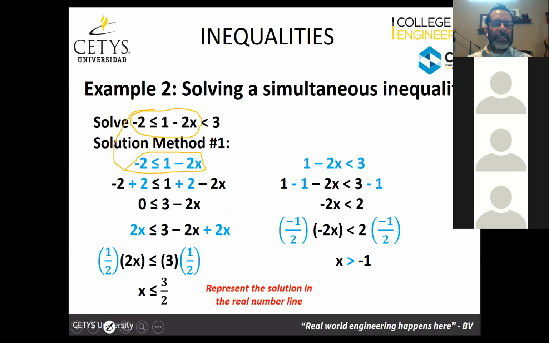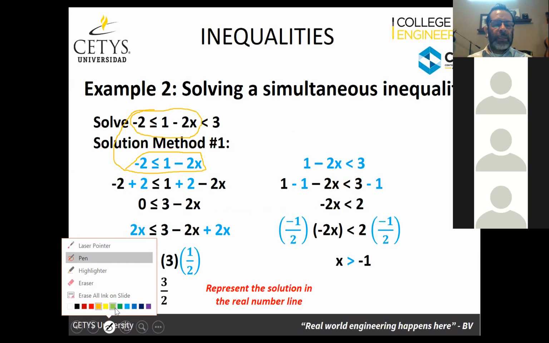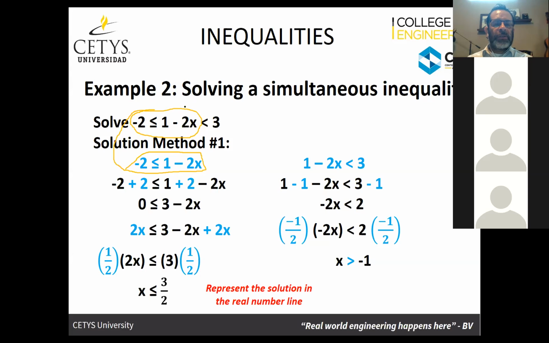And then we've got a second inequality, which is this one, and we are going to bring that over here. And so basically we've got two inequalities.